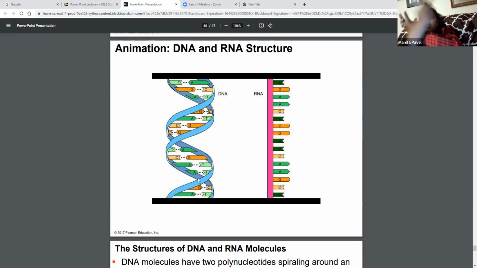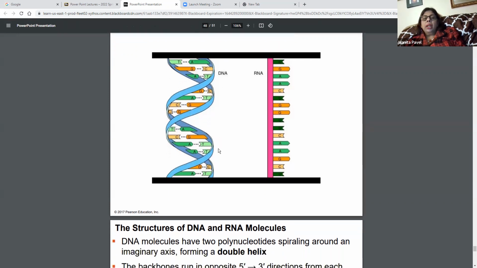There are 2 strands wound around each other. And on each strand, you have all these 1,000 nucleotides: sugar, phosphate, base, sugar, phosphate, base, the 3-subunit molecule. Now, these are 2 polynucleotide chains that are forming this double helix.